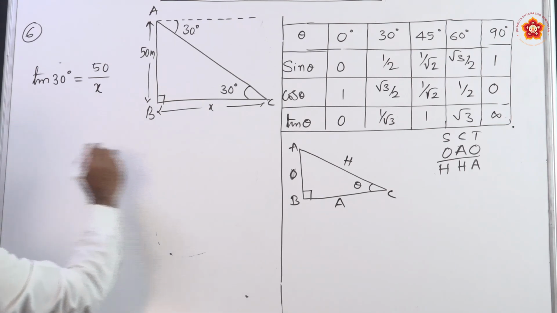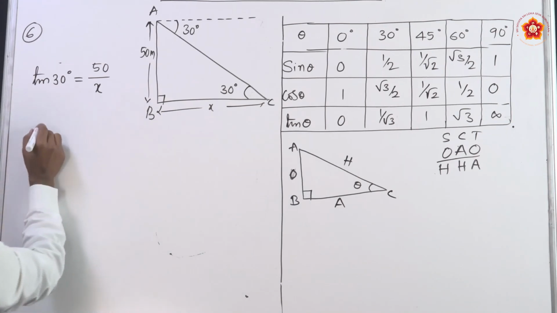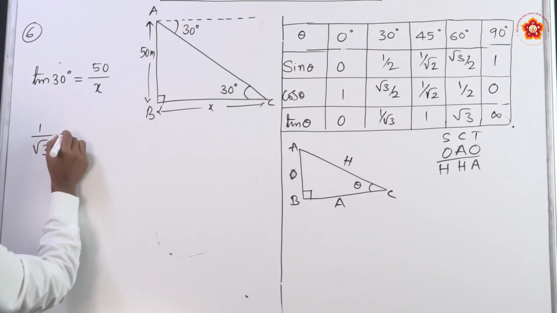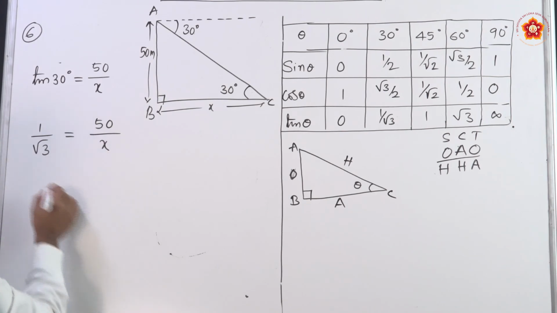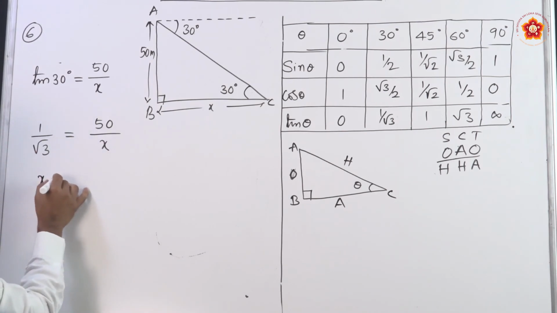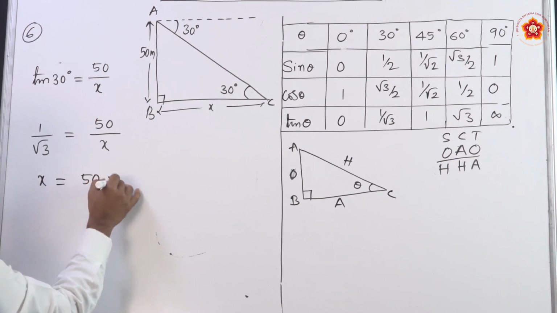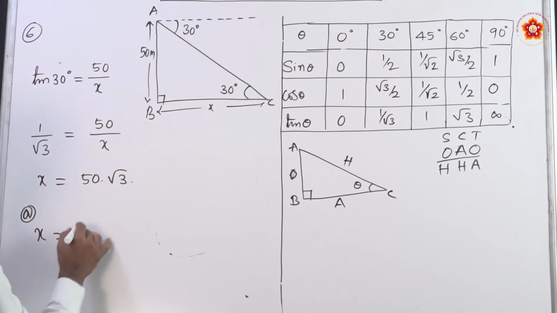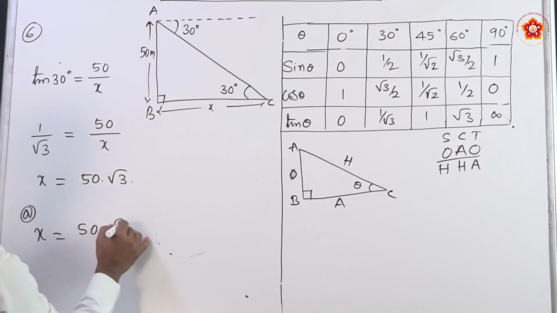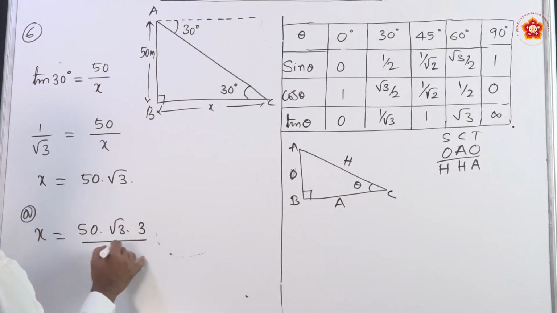So now what is tan 30 degrees? Tan 30 degrees is 1 by root 3, equal to 50 by x. Now what is x? You do cross multiplication. x equals 50 into root 3, or else you can write x is equal to 50 into root 3 into root 3 divided by 3.